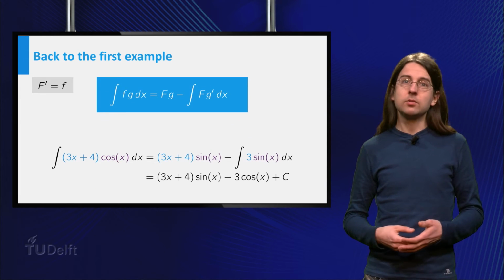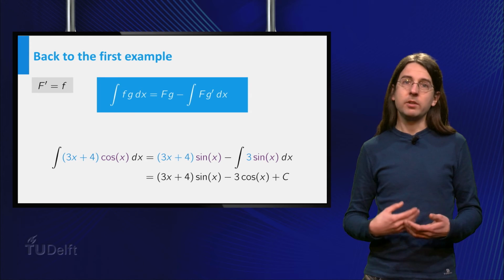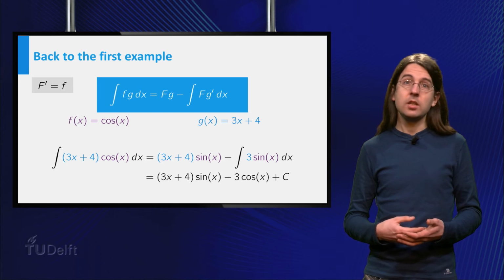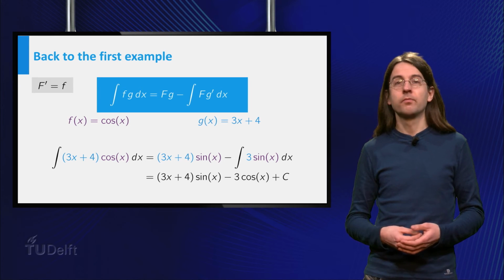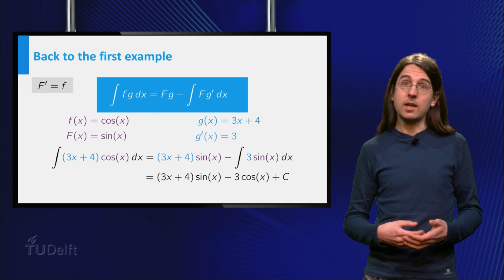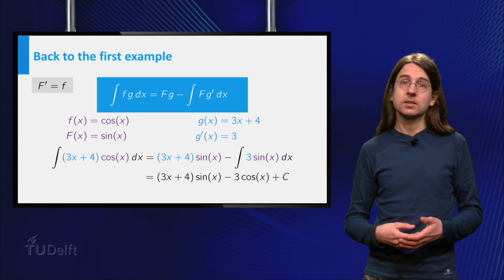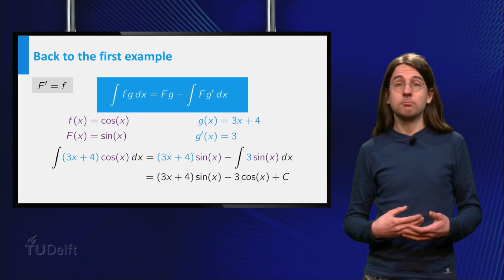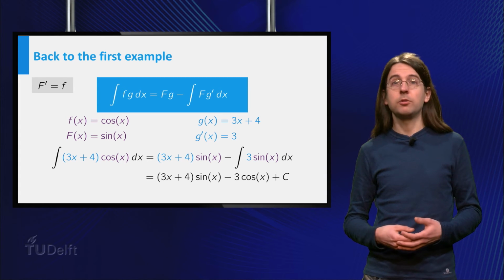If we apply this to the first example, you see that we take f equals cosine of x and g equals 3x + 4. The primitive capital F then equals sine of x and the derivative g prime equals the constant function 3. Thus, we recover the formula we found before.